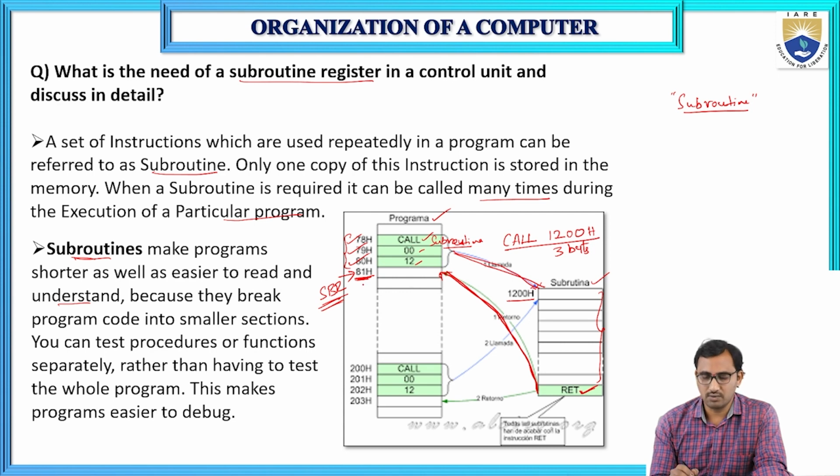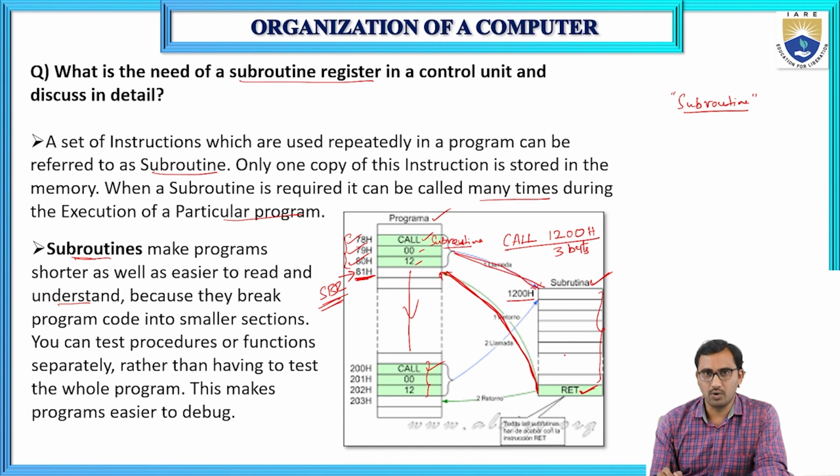After the call instruction we have address 81H, so the program control will be returned back to 81H, and it will execute the remaining instructions in the main program. In this way, we can call the subprogram many times whenever we require from the main program by simply placing the call instruction.